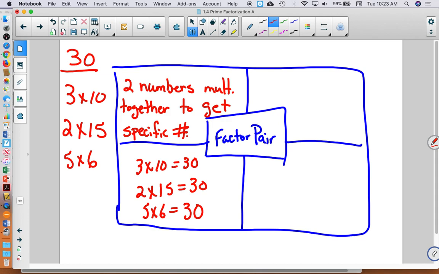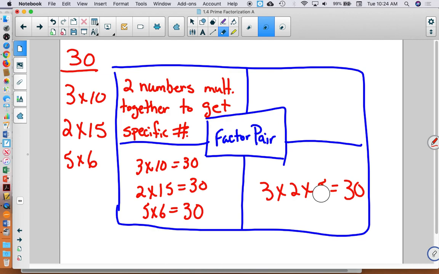That's called a factor pair. All right. What if I said, if we're dealing with the number 30, are 3, 2, and 5 factor pairs?